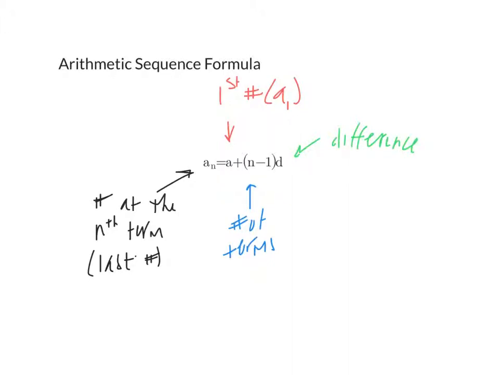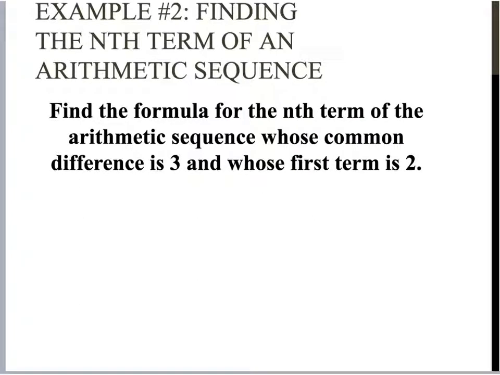All right, so let's apply this formula. So in example 2, it says find the formula for the nth term of the arithmetic sequence whose common difference is 3 and whose first term is 2. So again, if the formula is a sub n equals A plus n minus 1 times the difference, we have to figure out what they're asking for.